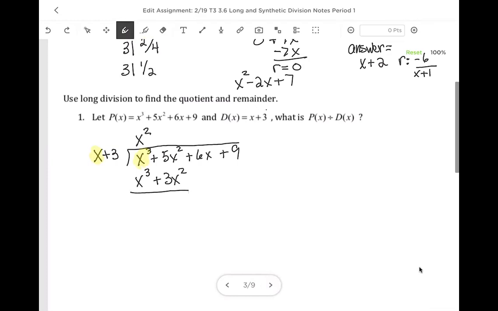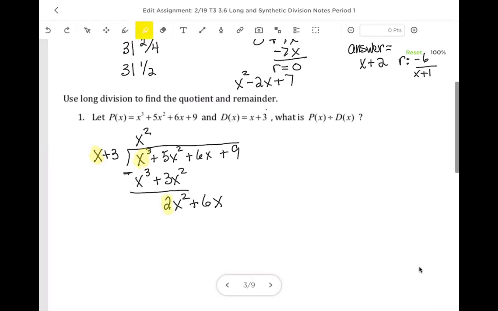What do we do? We subtract, just like normal long division. So x cubed minus x cubed, 0. 5x squared minus 3x squared, 2x squared. Now we're dividing into that, and we're bringing down the next term.